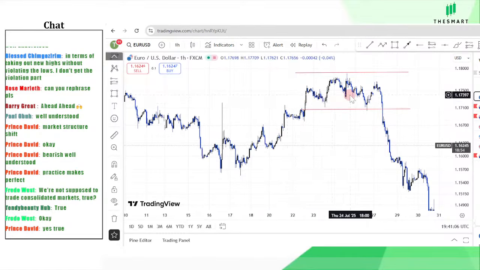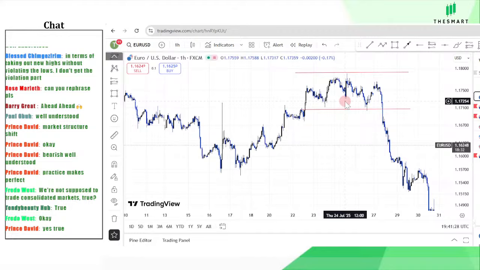Then when it got to this point, there was no longer strength in the market. So when you have this type of structure, you don't need to click a buy or a sell, because at this point the market is indecisive.